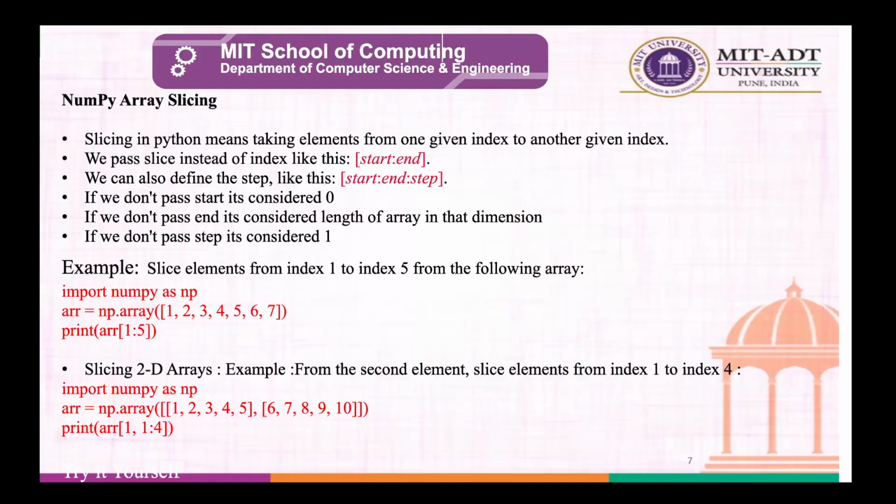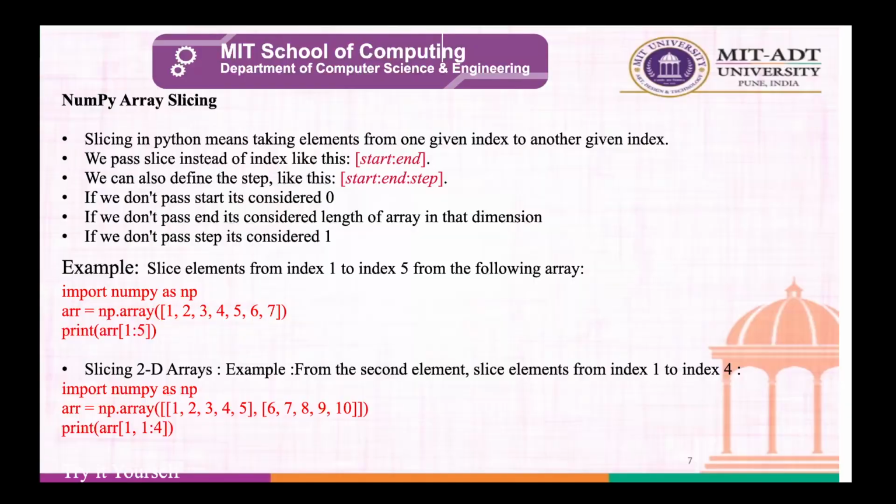Now we will see an example where the slicing operator is used. In this example we are creating an array of 7 elements, 1 2 3 4 5 6 7, and we are trying to print arr[1:5], meaning starting with the first index up to the fifth index. But here we have to remember that the end index is excluded, so we will get values only up to the fourth index.